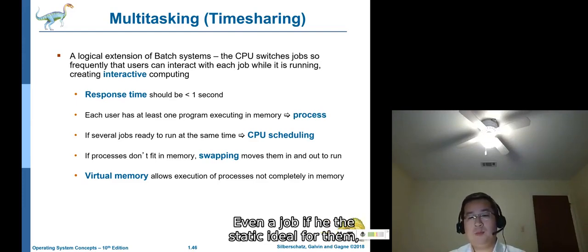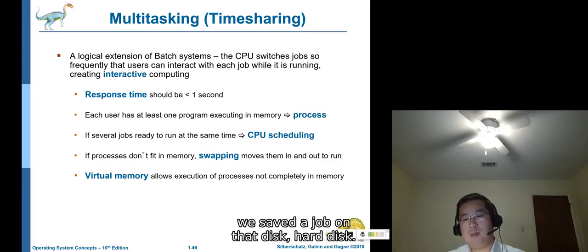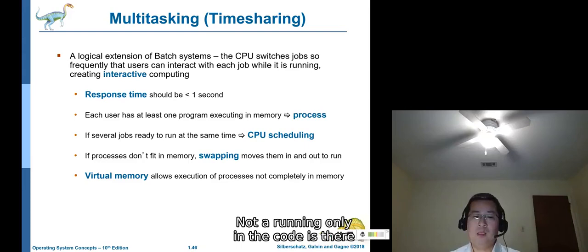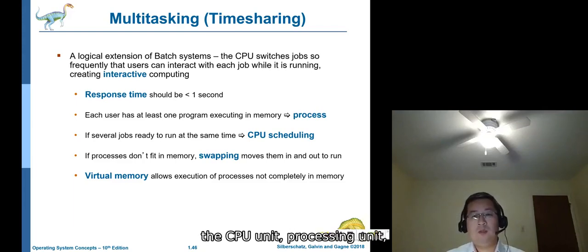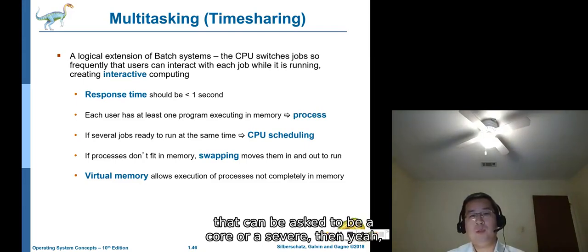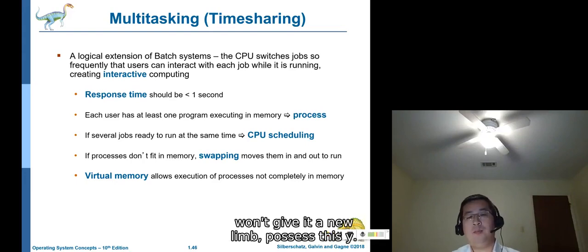If it is a static idea, for example, we save the job on the hard disk, not running, only the code and data are over there, but it's not running, that will be a job. But if it's ready to be scheduled by a processing unit, which can be a CPU core or CPU, then it will be a process. We give it a new name, process.